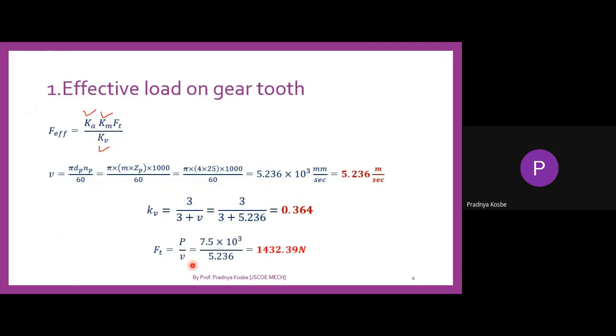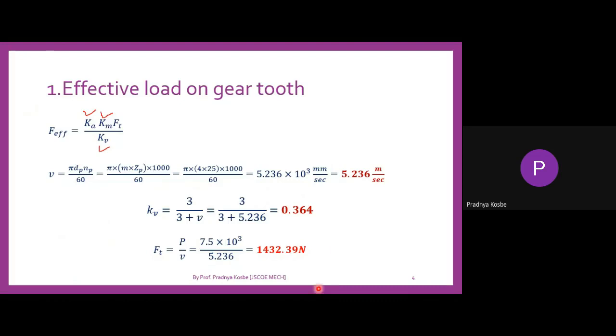Ft is power divided by velocity, because power is Ft into v. So Ft is equal to 7.5 into 10 raised to 3 divided by 5.236, and tangential load is 1432.39 Newton.